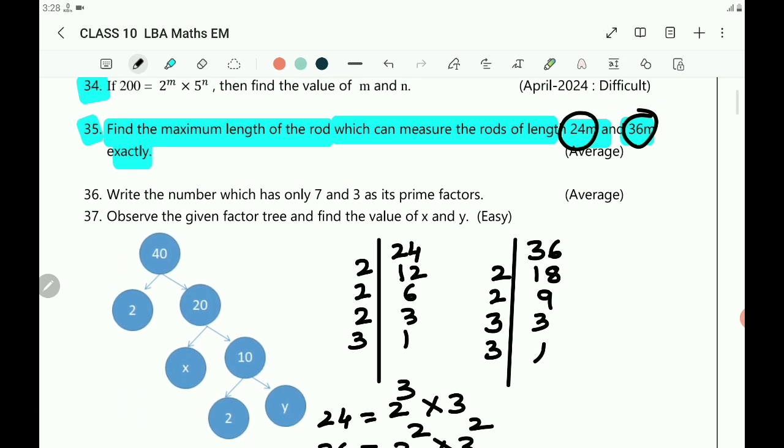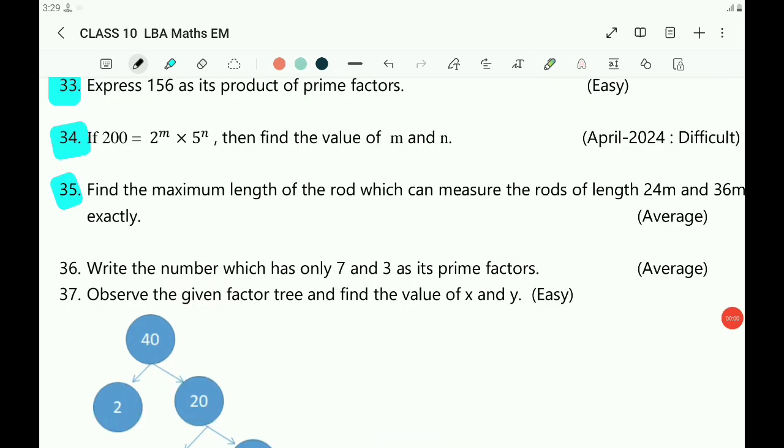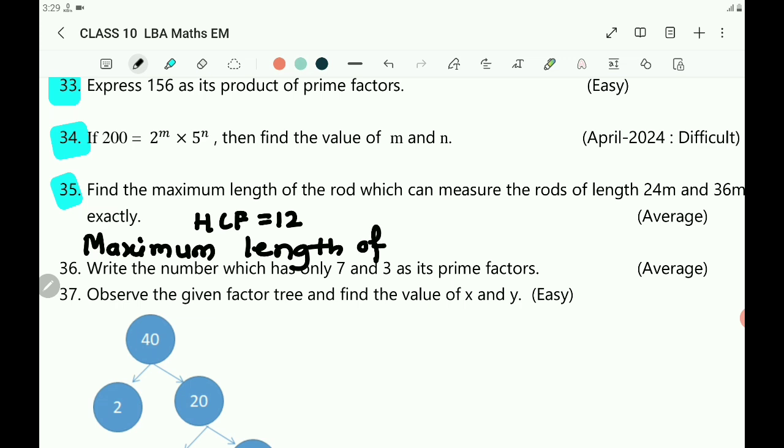That is the maximum length of the rod which can measure the rods of length 24 and 36 meter. You write HCF equals 12. Maximum length of rod that can measure 24 meter and 36 meter is 12 meter.